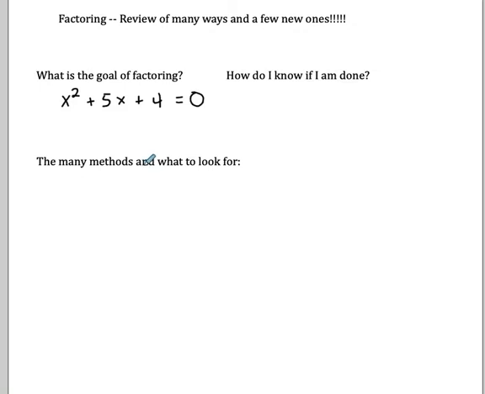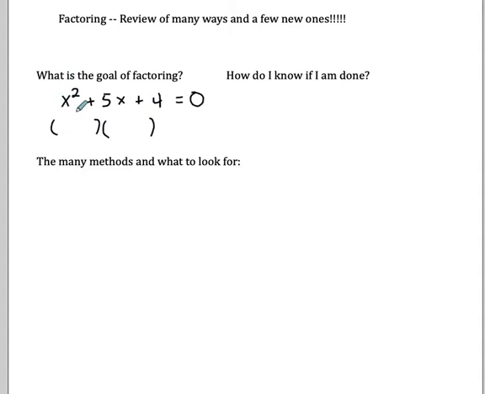So we need a different method other than just isolating the x, to solve and find out what value that x might hold. And so one of the most efficient methods to use is to see if we can figure out, hey, what did we multiply together originally in order to get this quadratic trinomial? What were the two linear factors, right?